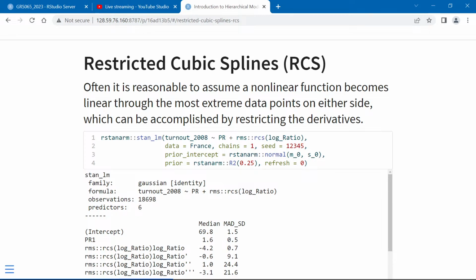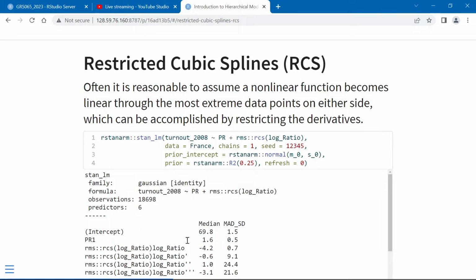And so here we're saying, okay, maybe we can explain a quarter of the variation in turnout with the PR thing and the population thing. And then we have a usual prior on the intercept. Don't need a prior on the sigma because that's linked to the R squared.